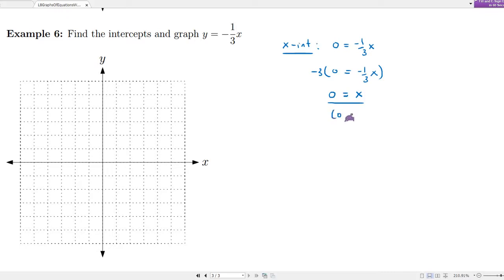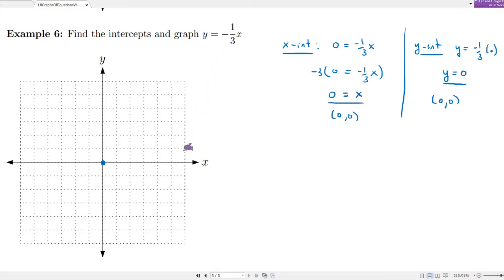So our point is actually the origin. And for the y-intercept, the x value is 0. So y is equal to -1/3 times 0, which is y equals 0. So that point is also the origin. This is an interesting example because the x-intercept and y-intercept points were actually the same, which could totally happen. That's fine.